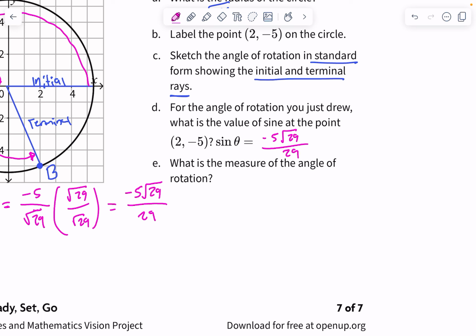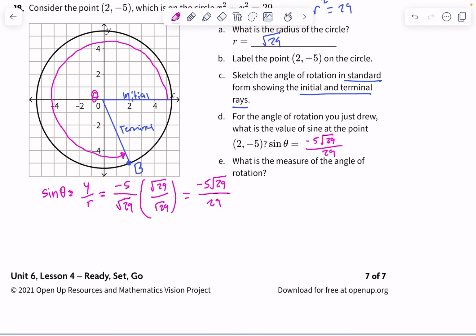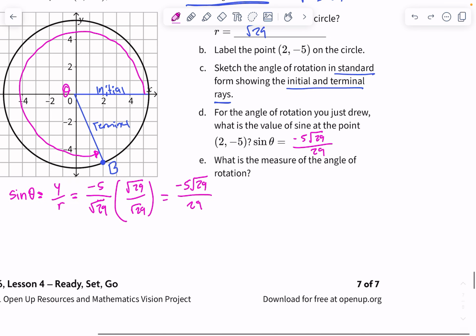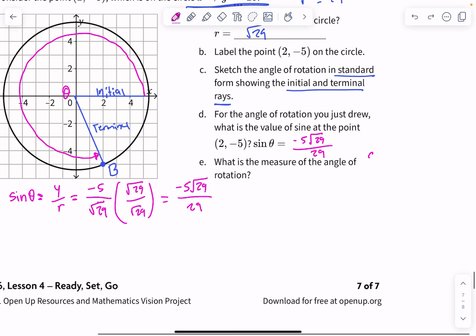Now letter E. What is the measure of the angle of rotation? So I need to measure this angle. Just by an estimate, it has to be what?